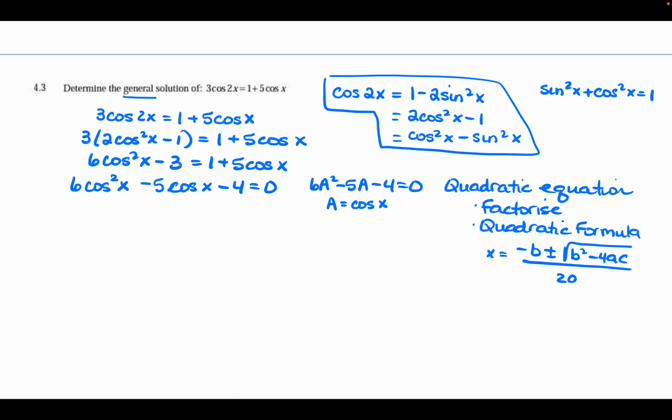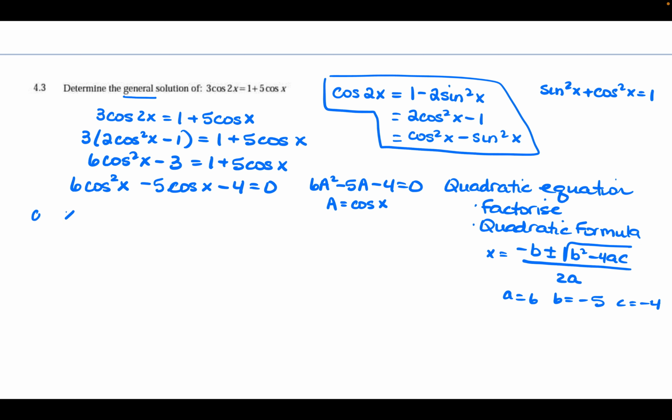And you need to identify a, b, and c. In this case, a would be 6, b would be -5, and c would be -4. Or you can complete the square, use other methods. In this case, let's use the quadratic formula.